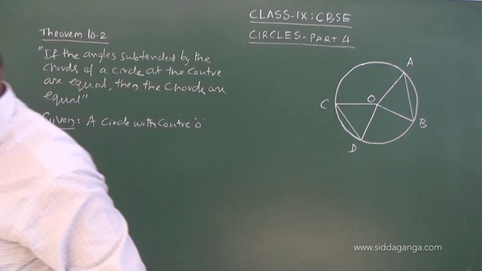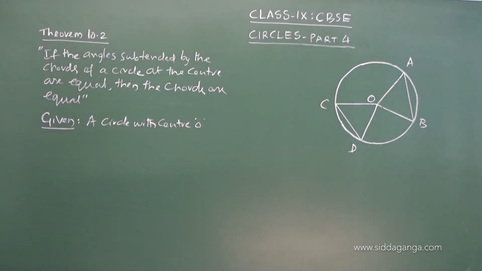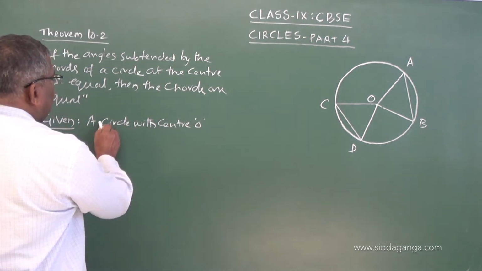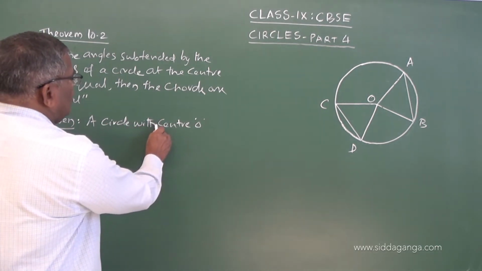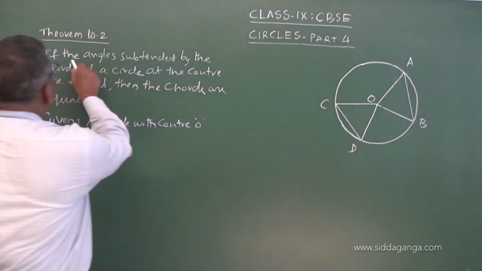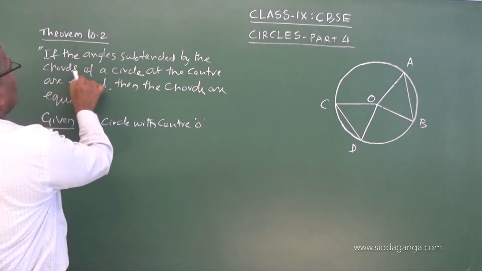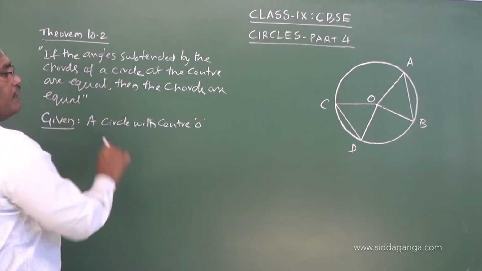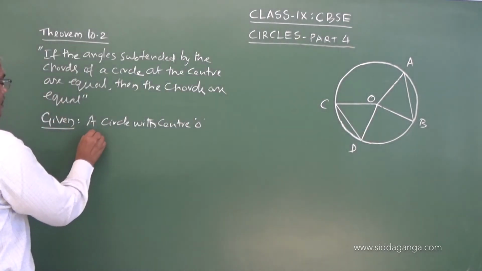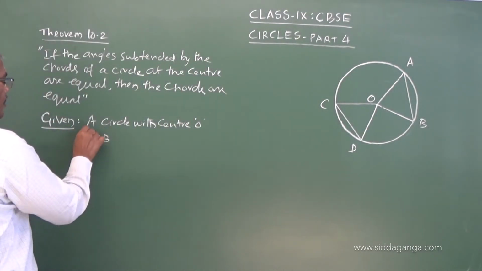It is given that the two angles subtended by the chords of a circle at the center are equal. That means it is given angle AOB equals angle COD.